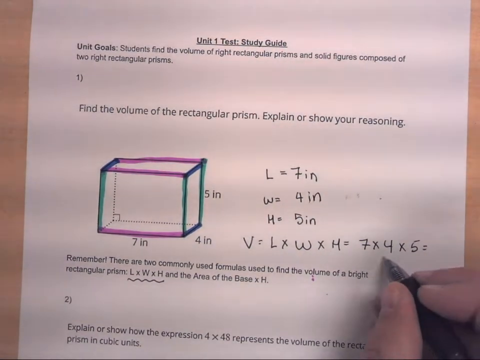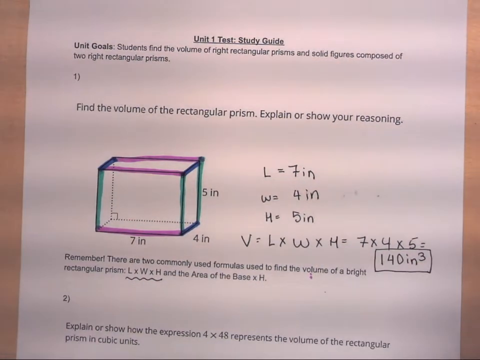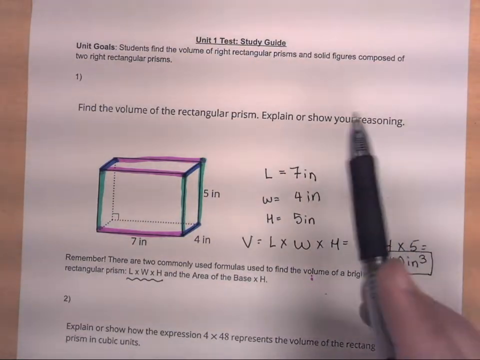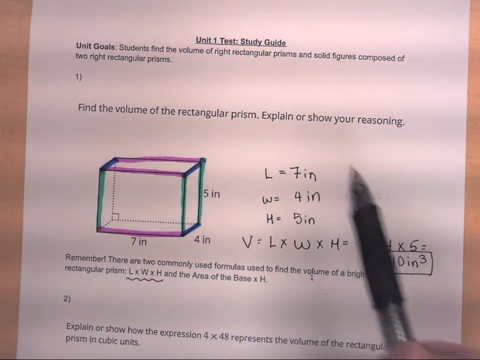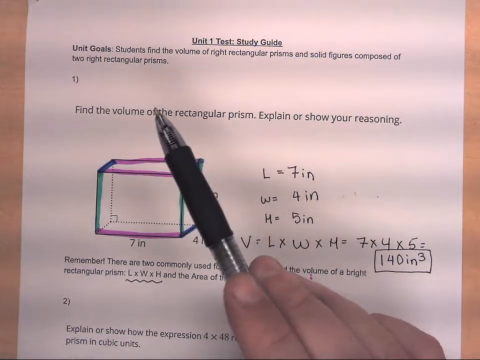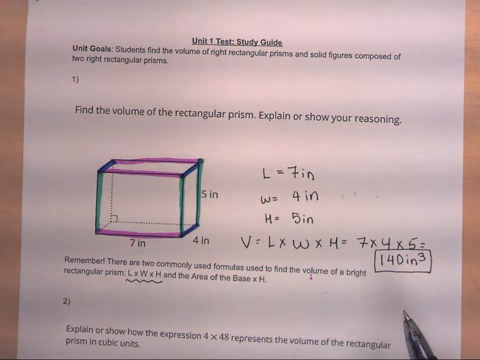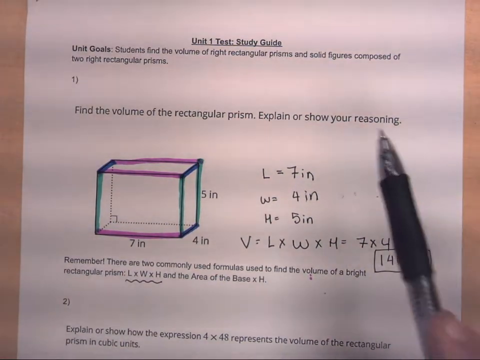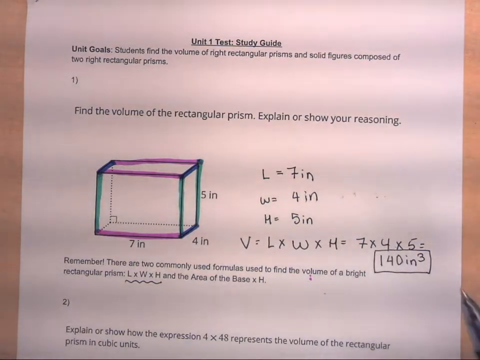And that's going to give us 140 cubic inches for the volume. So everything I showed here is showing my reasoning. Okay, so if this were a test question, students would score 2 points for the correct volume, and they would score an additional 2 points for a total of 4 points for showing their work.